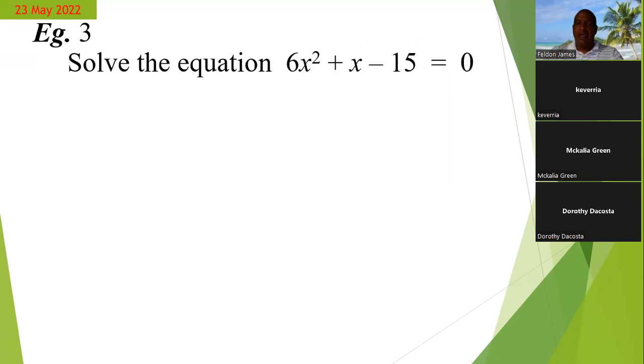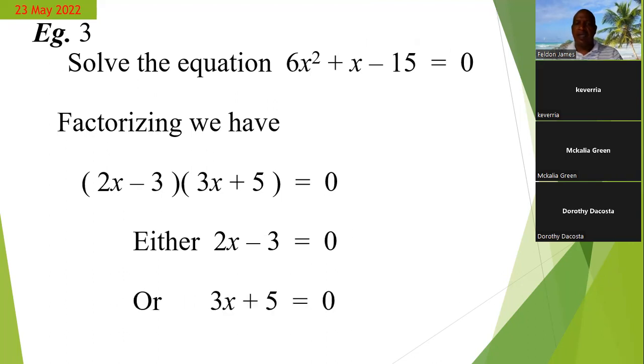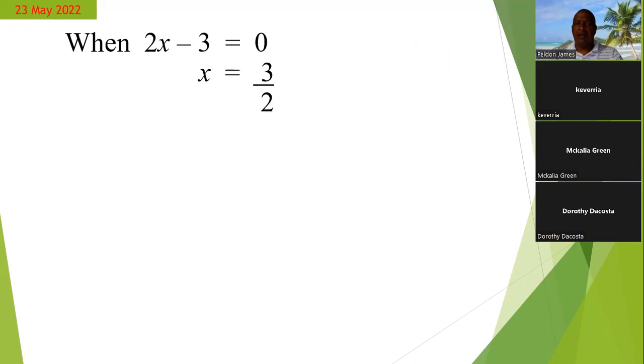All right, so here we have another one, and it is done in the same way. Now you factorize and you get 2x minus 3 bracket 3x plus 5. So you equate 2x minus 3 equals 0 or 3x plus 5 equals 0. When 2x minus 3 equals 0, you solve.